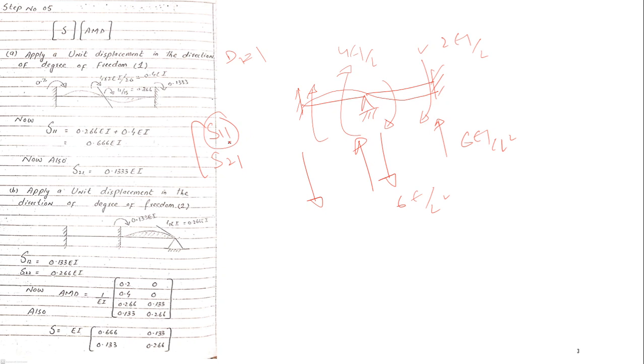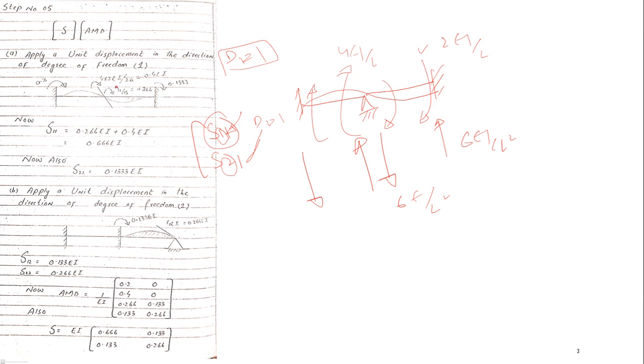This S11 signifies the position where D1 is originally taken, and this 1 signifies that D1 has been taken as a unit rotation. Similarly, S21 signifies the position where D2 has been taken, and 1 is the action corresponding to D1 is equal to 1.